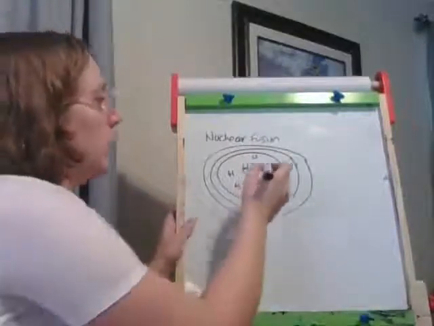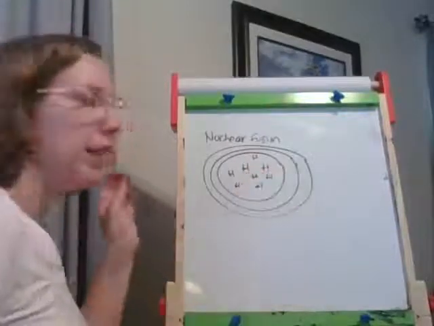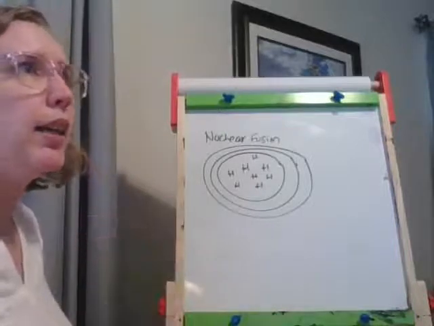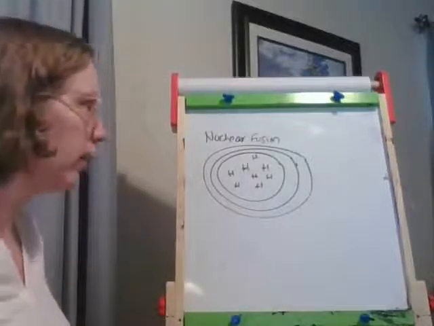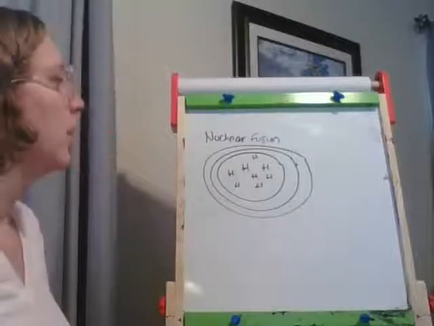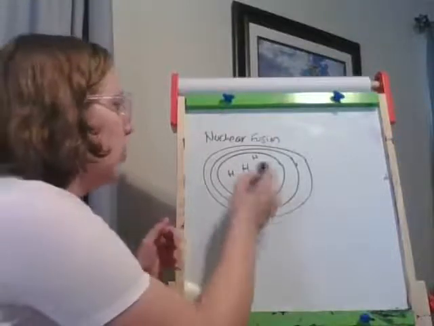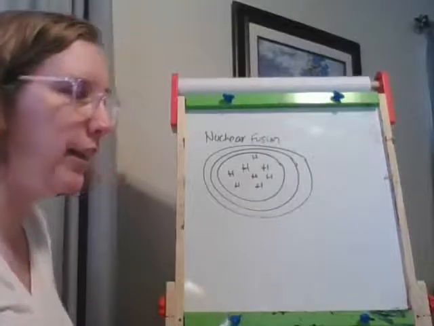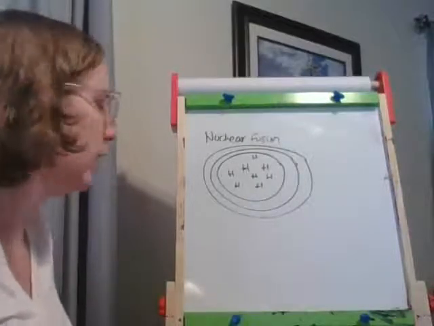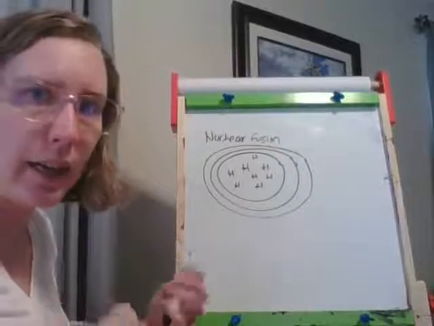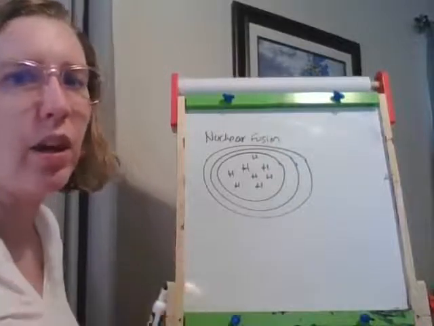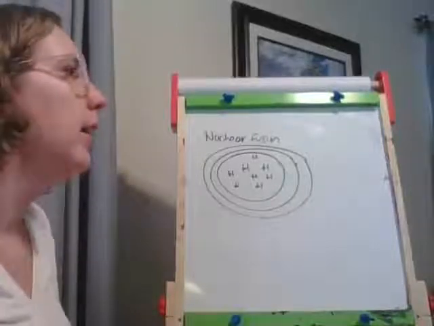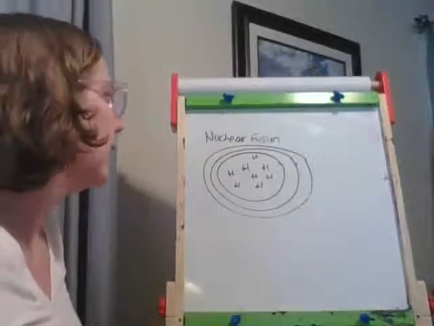So there's a bunch of hydrogen in the middle, and it's really, really hot, and it's just zooming around in there. I have gravity pushing in, and the gravity is stronger than the fusion force pushing out, right? So it's just this big star oven that cooks the hydrogen, so it makes it really, really high temperature.